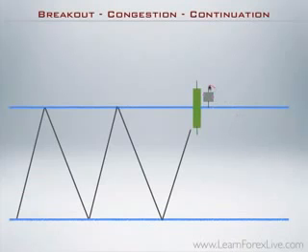That's why it's a congestion candle. The nature of this price formation is that upon the breakout, the market is taking a breather, gathering or regaining some momentum for a second push.